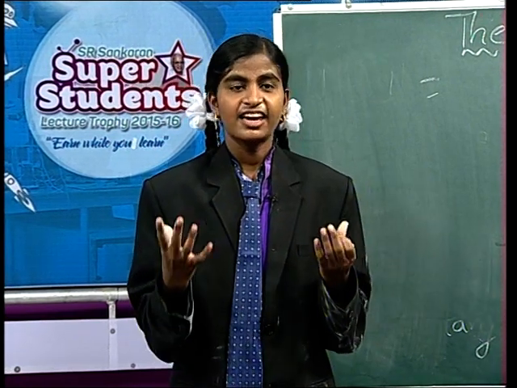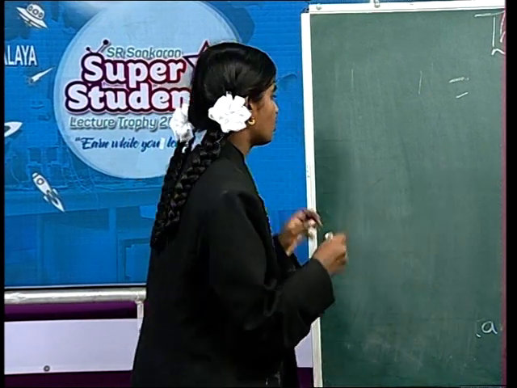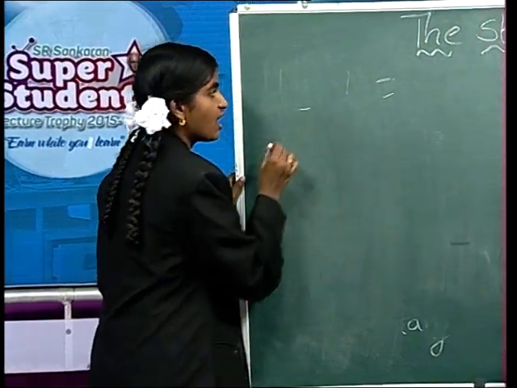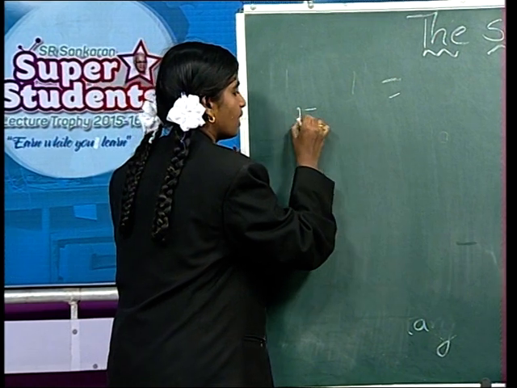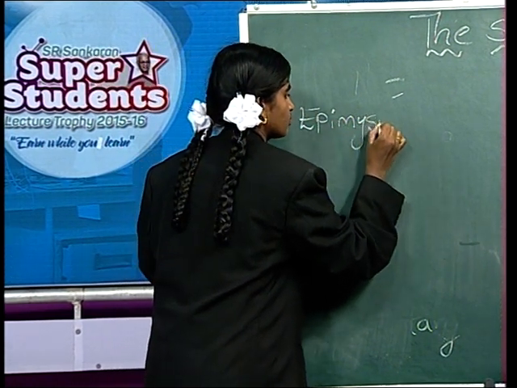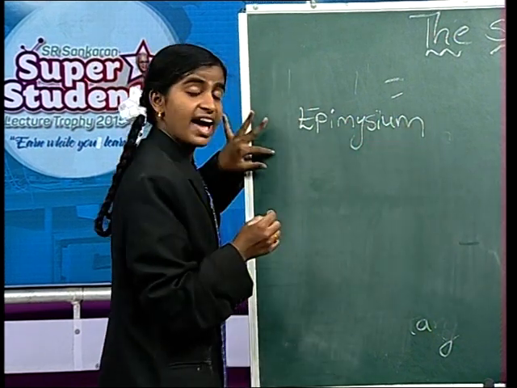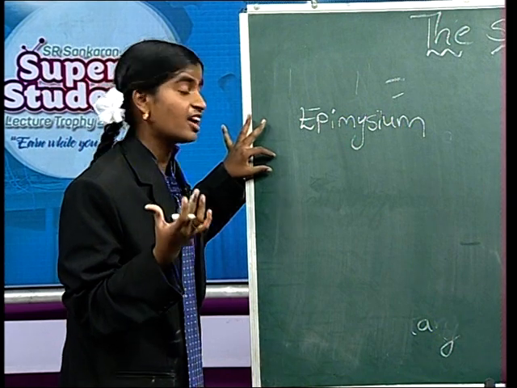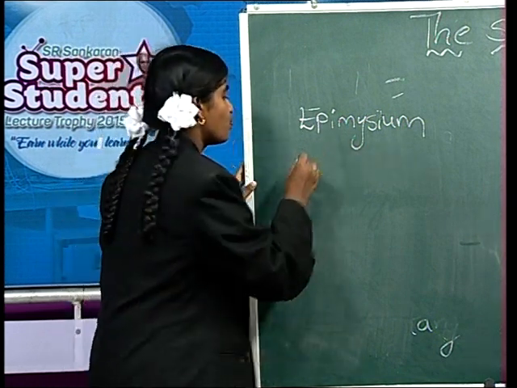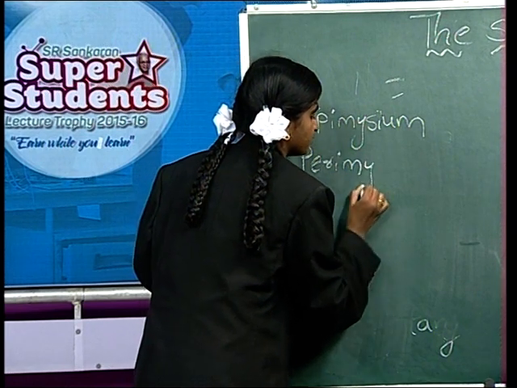Here, friends, each fascicle is surrounded by perimysium. This is the perimysium.